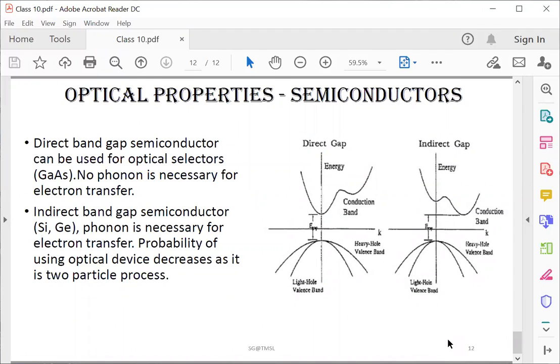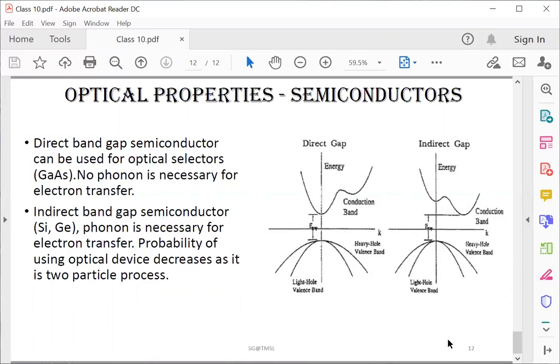Now I would like to discuss the optical properties in the semiconductor. Consider a direct band semiconductor, which is gallium arsenide. Here the minimum of the conduction band and the maximum of the valence band are aligned on the same wave number.